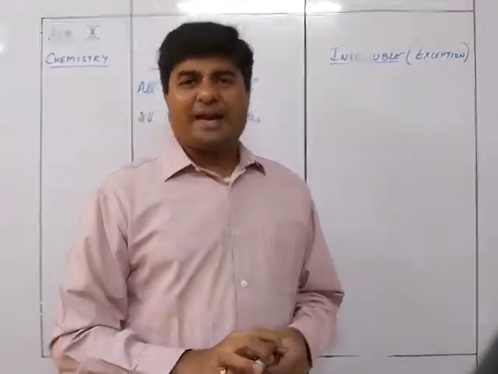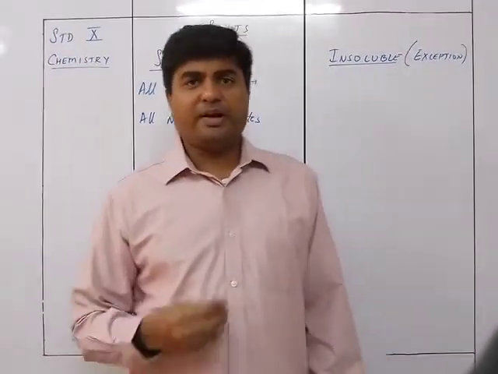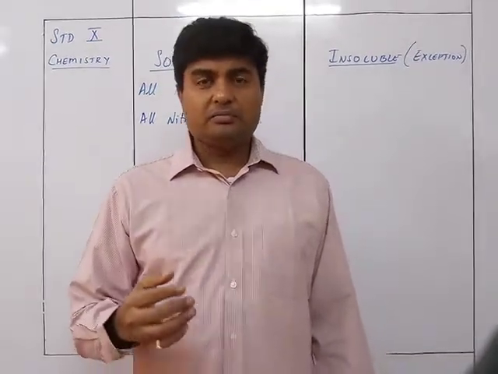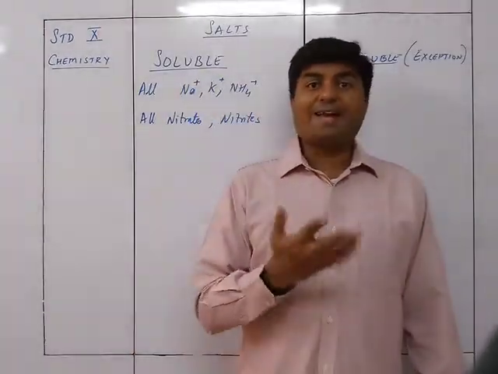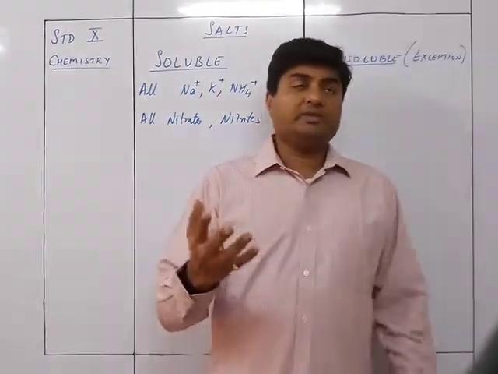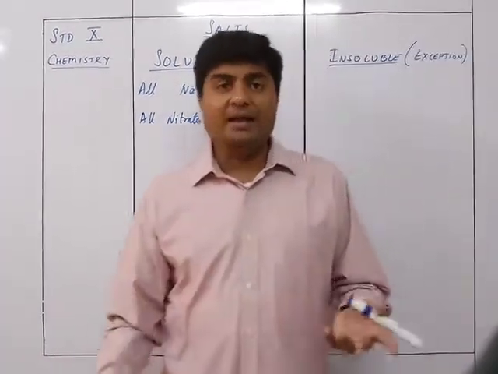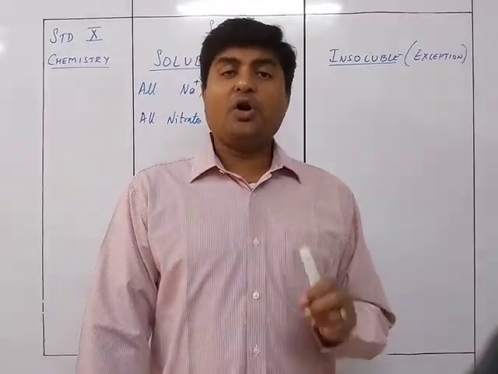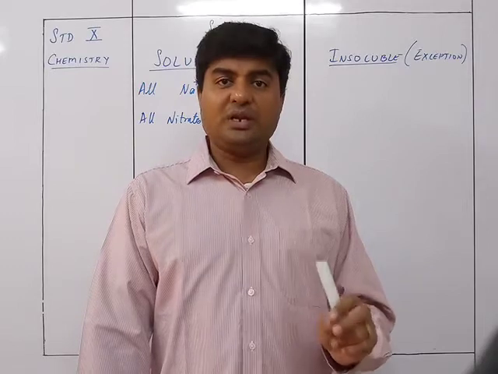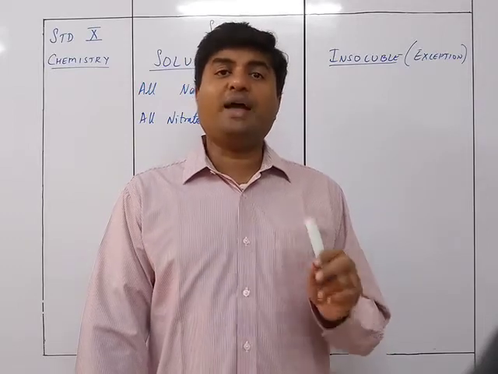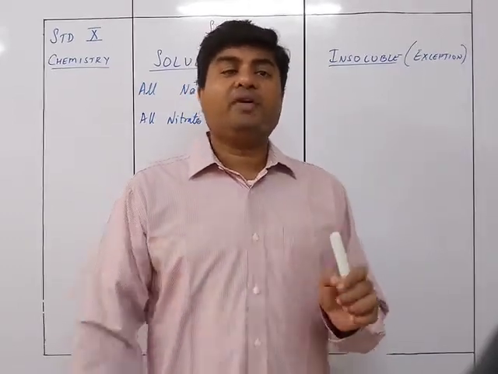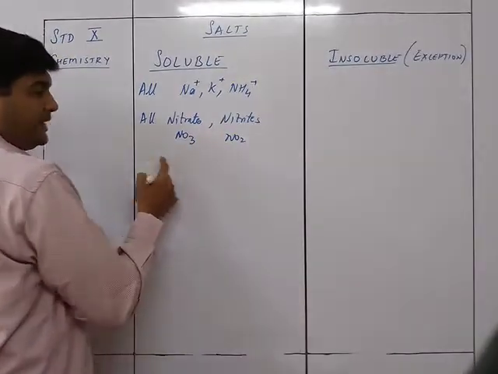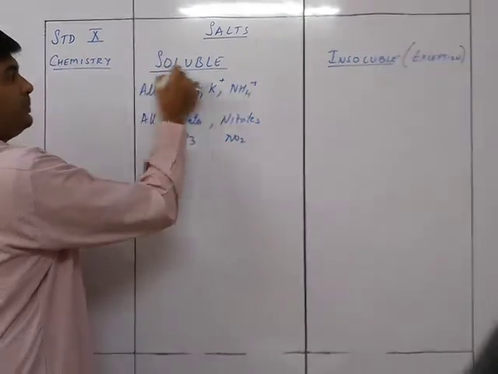Any nitrate or nitrite, whether calcium nitrate, potassium nitrate, sodium nitrate, aluminum nitrate, silver nitrate, silver nitrite, or ferrous nitrite, that is any compound having NO3 or NO2 in it, is 100% soluble.